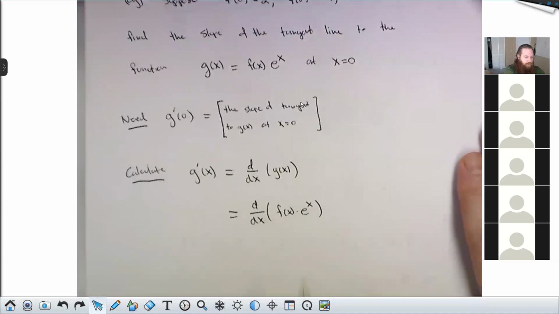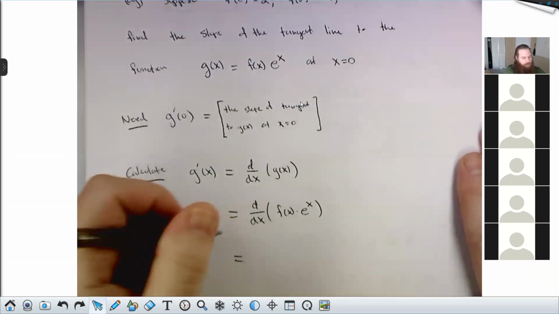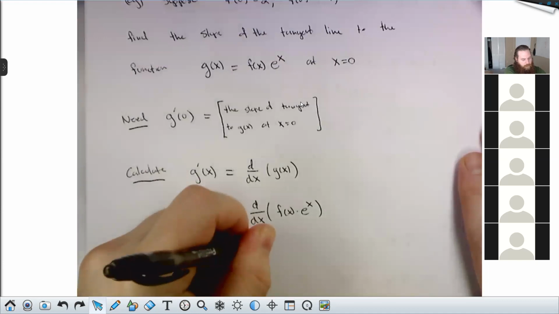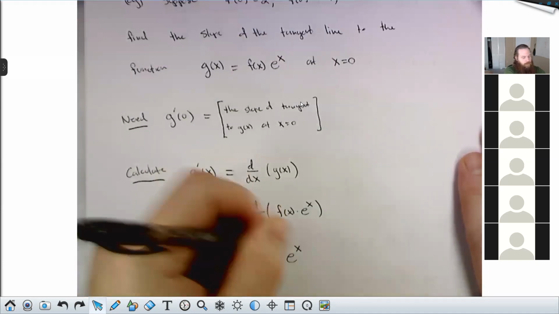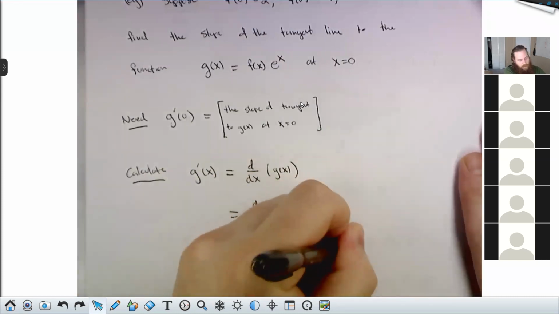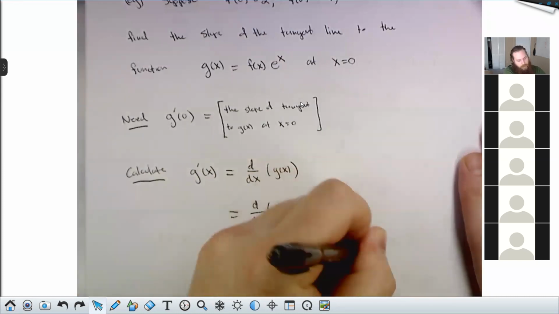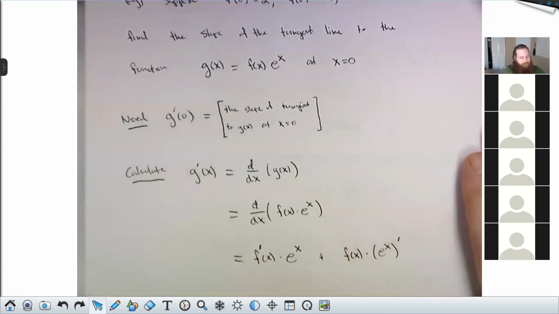And this is a product. So if I want to differentiate this product, I use the product rule. I differentiate the first function and I leave the second function alone. And then I add that to what I get when I leave the first function alone and I differentiate the second function.